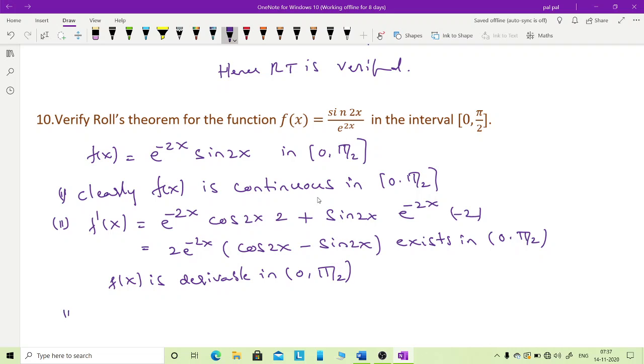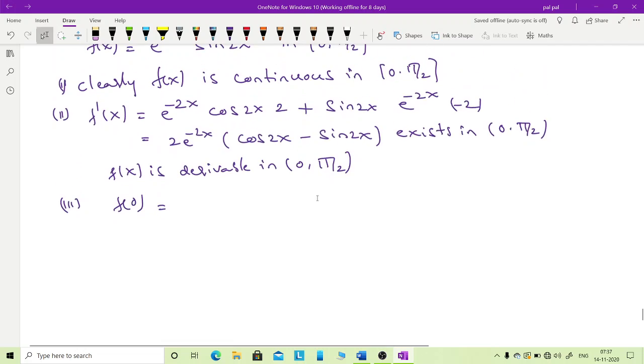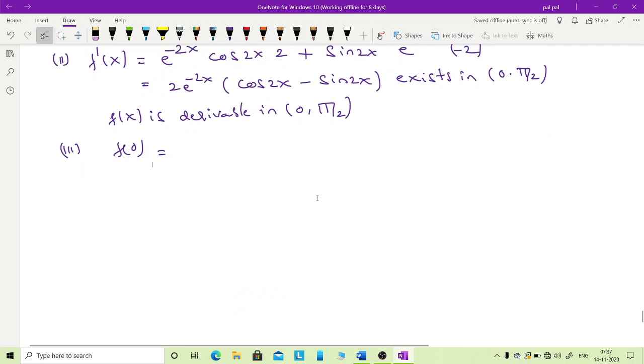So the third condition is f of a is equal to f of b. So you take f of 0 first. F of 0 is equal to e to the power of 0 into sine 0, which is 0.